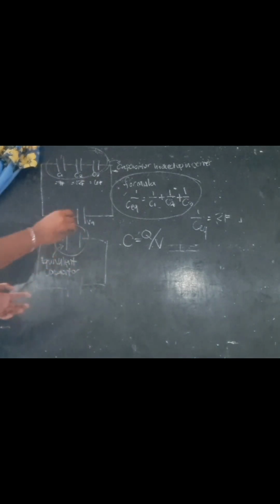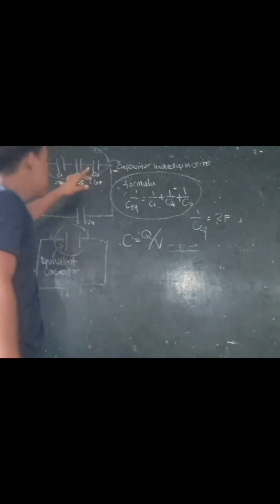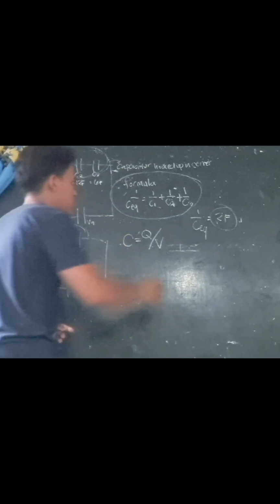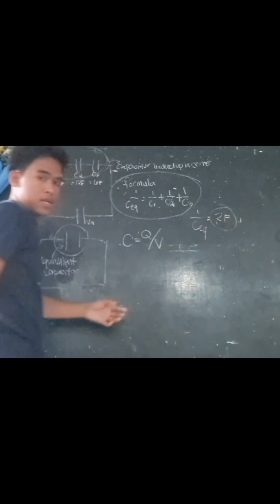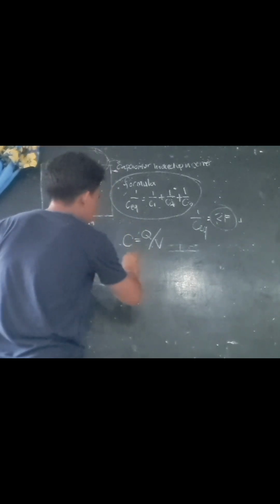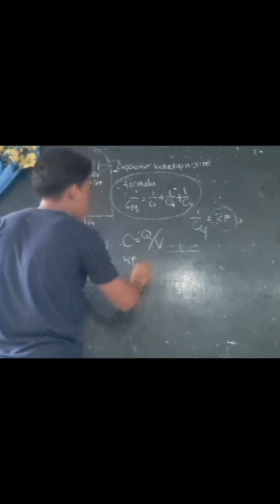Now that we have the total of the farads of the 3 capacitors, which is 2 farads, we will easily change the capacitance here to 2.